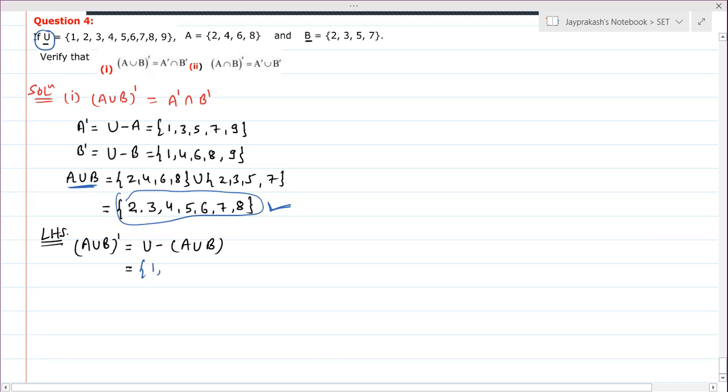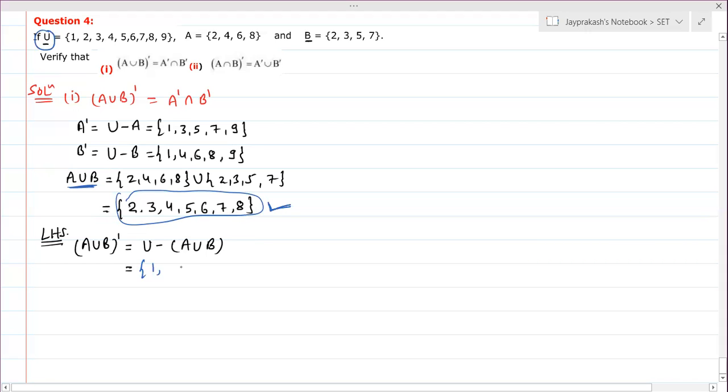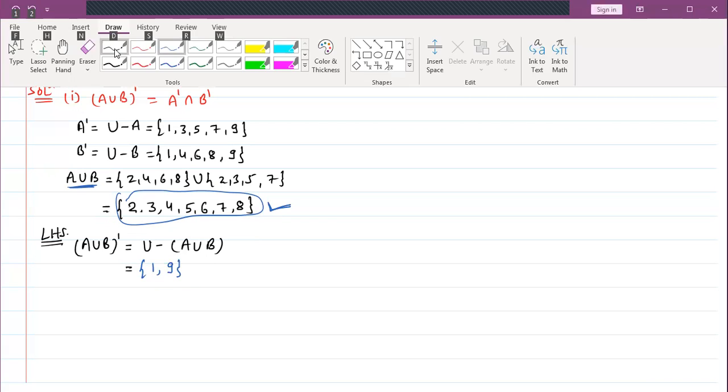So 1, 2 is subtracted, 3 is also subtracted, 4, 5, 6, 7, 8 are subtracted, and the last one is 9. So this is your LHS.